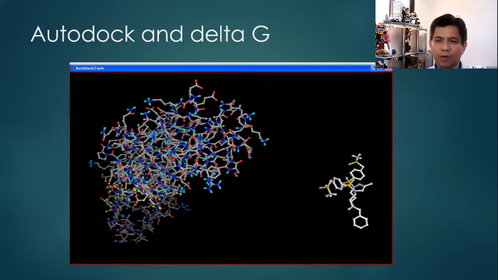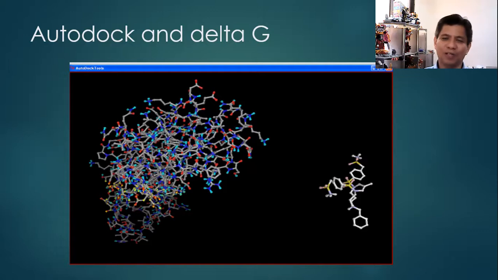Halimbawa, dinownload mo yung SARS-CoV-2, that's the causal organism of COVID-19. Tapos halimbawa, you want to test whether effective ba ang aspirin, gusto mong test yung aspirin.